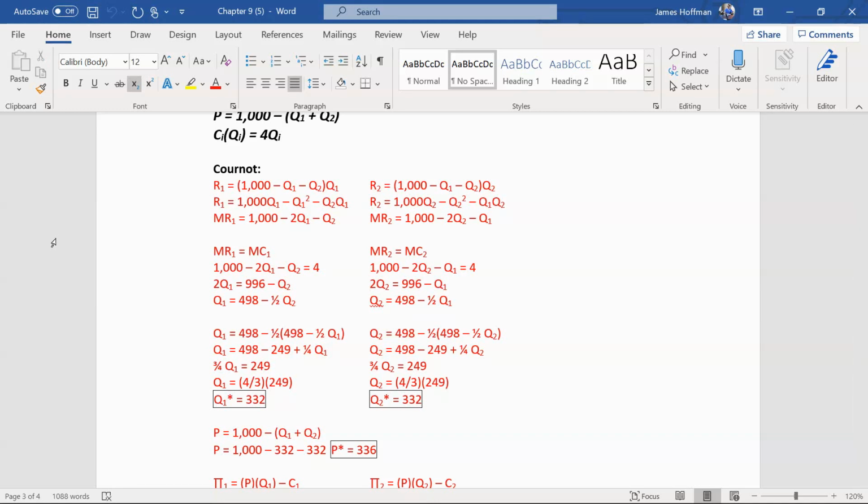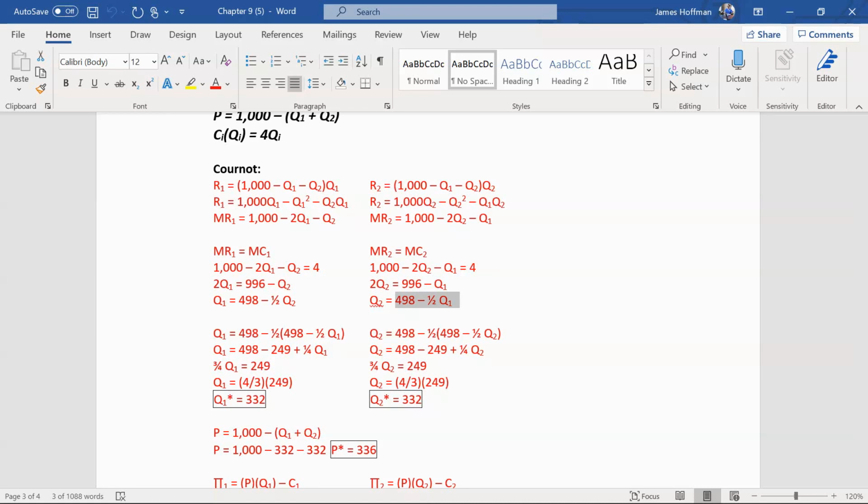And simplify here, we're solving for Q2. We get 2Q2 equals 996 minus Q1, and then divide by 2. And we get firm 2's reaction function of 498 minus 1/2 Q1. So again, notice the symmetry in the reaction functions, where you get 498 minus 1/2 Q2 and 498 minus 1/2 Q1 for both the firms.